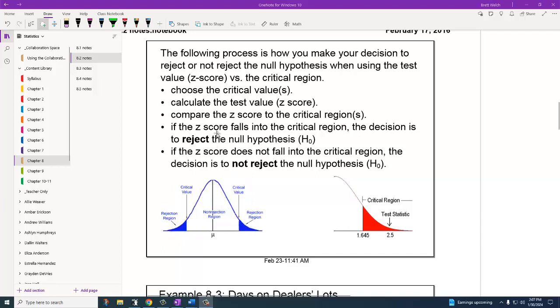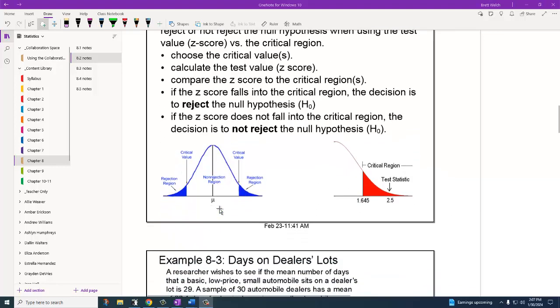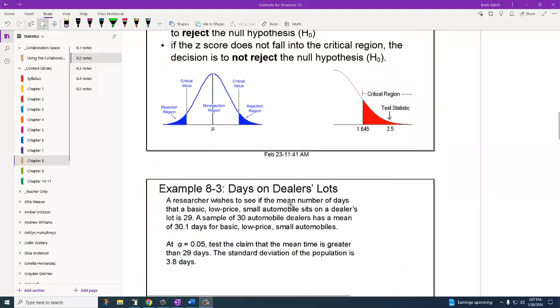If the test statistic from the specific data lands in these shaded regions, we will reject the null hypothesis. If the z-score for our test statistic lands in this clear, or white, region rather, that means we do not reject the null hypothesis. So really it's about landing out on these extremes. As we get extreme results, it tells us something must be wrong or different.